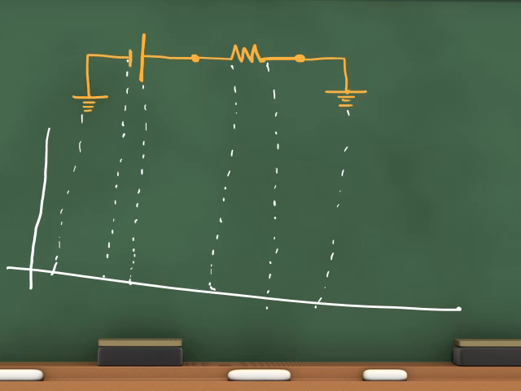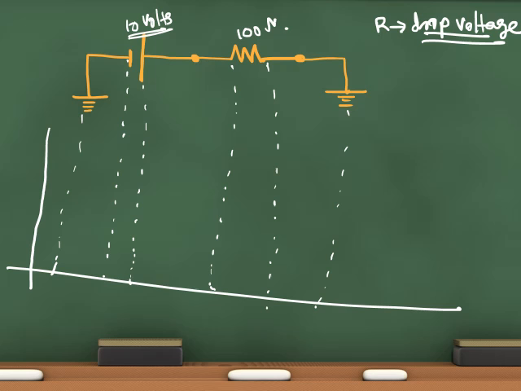At ground level the voltage will be 0 of course, and the capacity of this battery is 10 volts. A resistor will always drop voltage. Say for suppose here it is 10 volts and 100 ohms. Now at ground level voltage is 0, and at the battery, here it is plus, here it is minus.